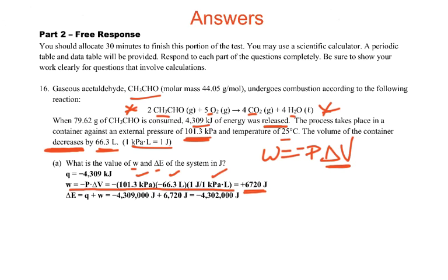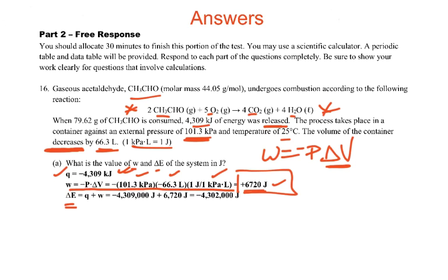So positive. Now notice what we have here is Q is negative 4309 kilojoules, watch those units. And this is positive, but it's joules. So we have to find the work. So the work we found out is positive 6720 joules or 6.72 kilojoules.